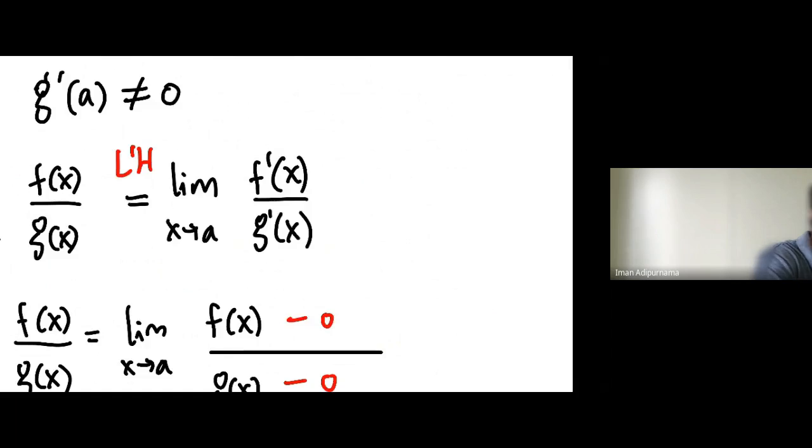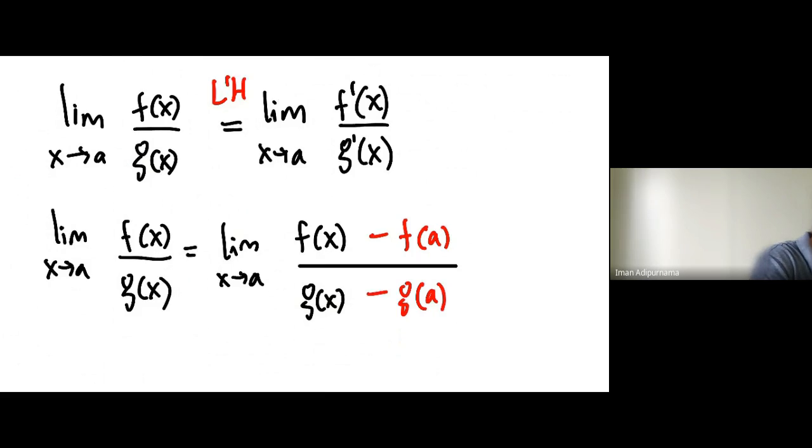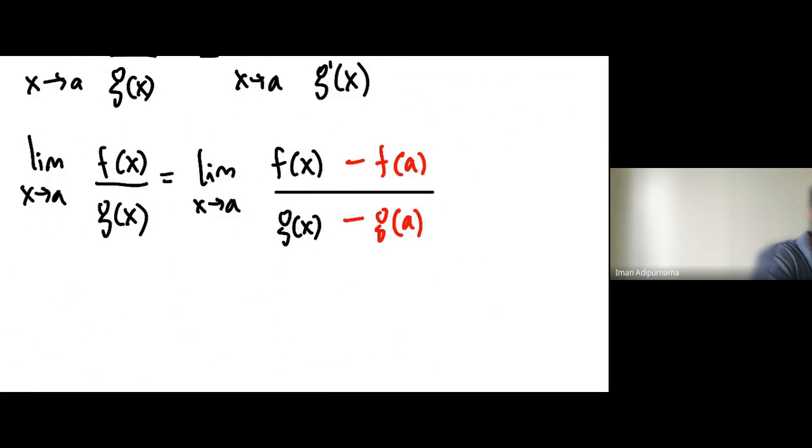So we can write this in terms of f of a and g of a, because both are zero. And then we multiply with 1 over x minus a.